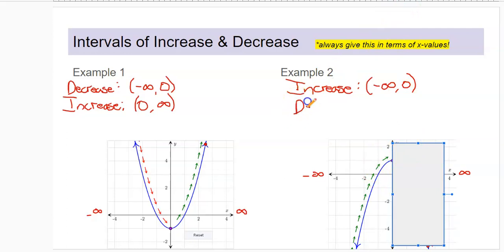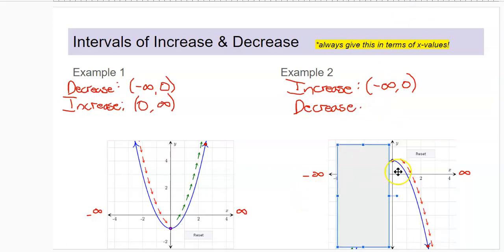And the interval of decrease, where the graph is going downhill, red arrows going down, from where x is 0 to positive infinity. This whole side of the graph, the parabola is going down or decreasing from 0 to positive infinity.